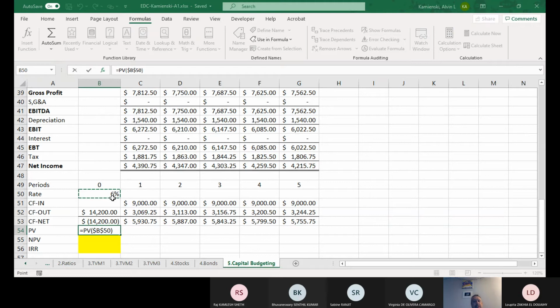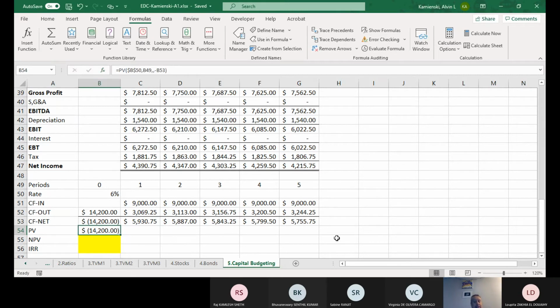I'm going to put the fancy dollar signs around it to fix it. What period? This is period 0. We're going to leave payment blank. And then here's the one trick that we're going to reincorporate again. I'm going to hit minus and then choose cash flows net, again, to switch the sign in Excel.